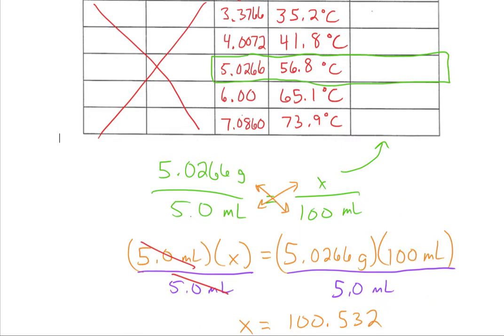Whenever you're doing a calculation like this, you should factor in the sig figs, okay? In terms of the data that we have here, there's only 2 sig figs in the 5.0. That means we want to keep 2 sig figs in this answer.